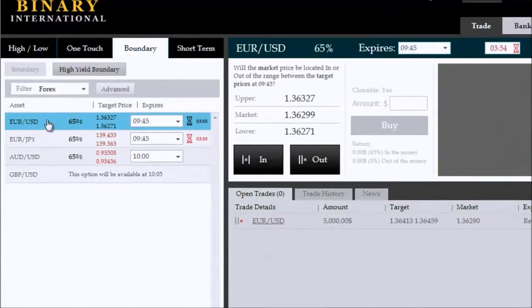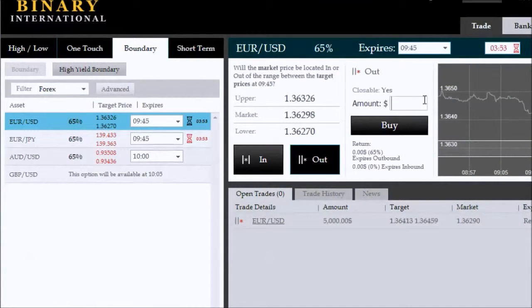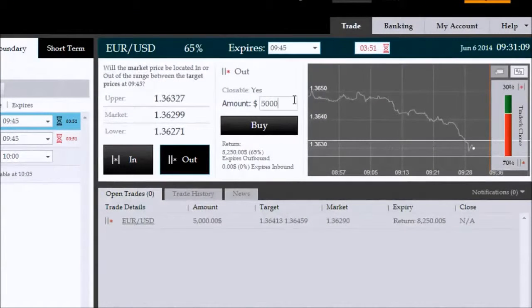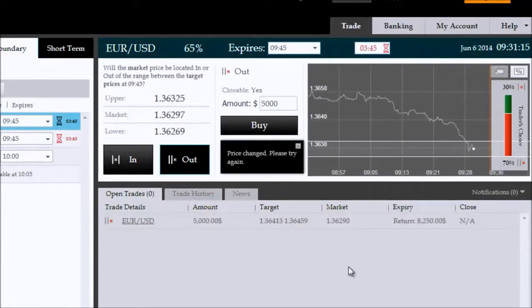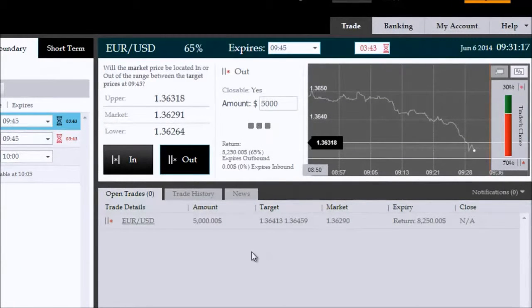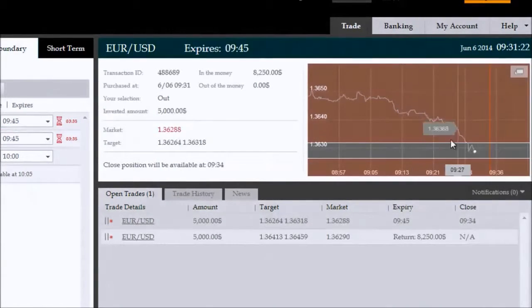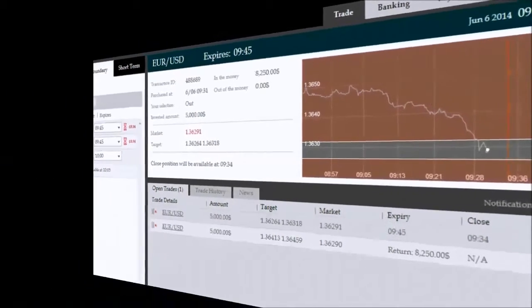And since the price has such a low probability of staying inside this boundary, we're going to, as always, shoot for an outside boundary option, which is the logical choice. This trade will expire at 9:45 in roughly 13 and a half minutes time. And we're just waiting for the platform to give us the trade. And we are in the trade now and will be expiring shortly. So we'll come back to you then.